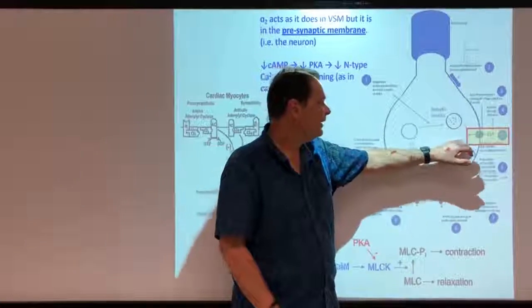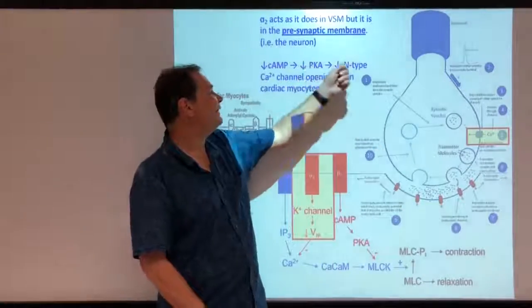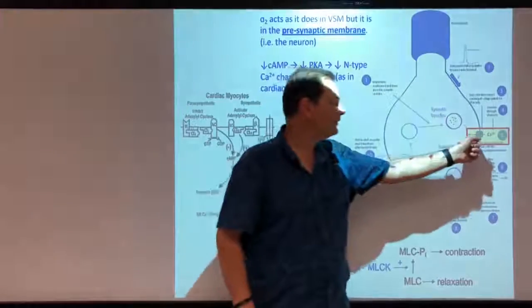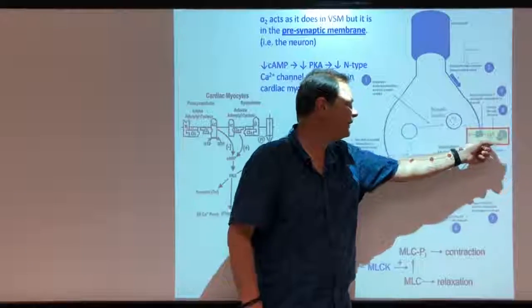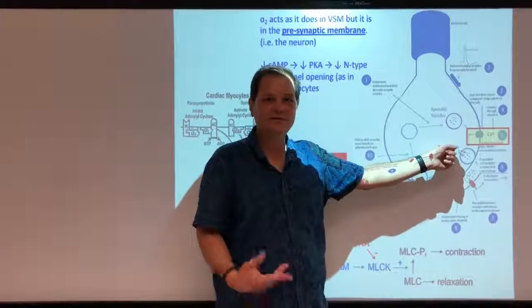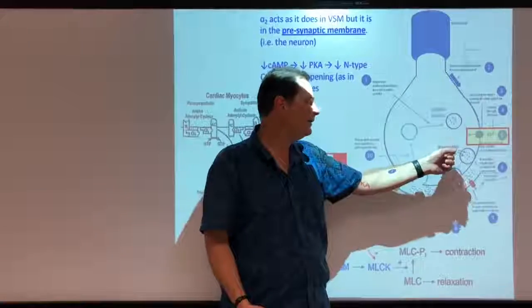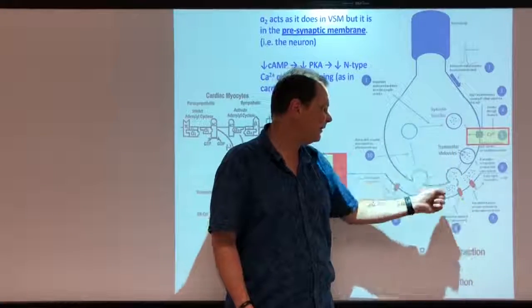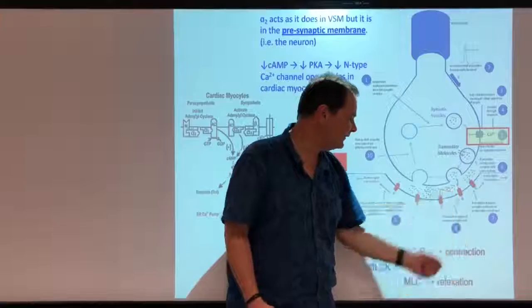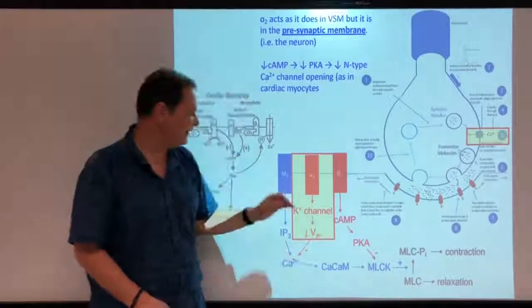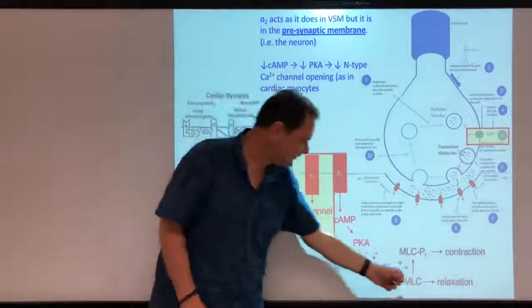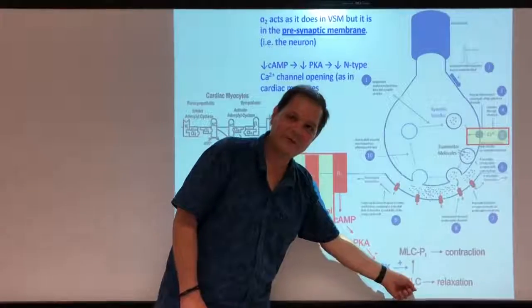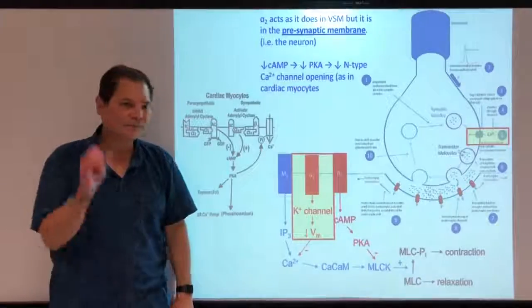And so, if you decrease the phosphorylation of this calcium channel, you decrease calcium influx through that channel because you decrease its opening. And that will decrease calcium here, and that will decrease acetylcholine release, and that will decrease activation of M3 receptors and cause relaxation. Okay?